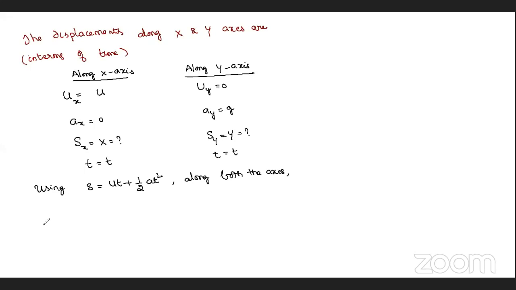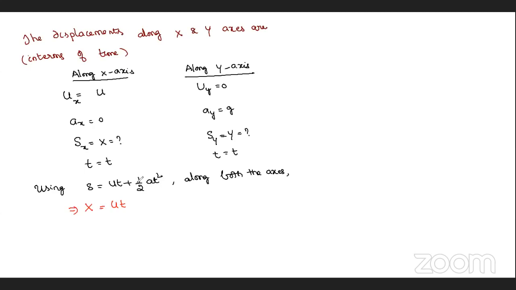Along x-axis. Correct. Y is correct. X. Not bad. Good. So along x-axis, if I substitute Sx, that is x, I will get u into t is t only, plus half a t square, and a is 0 along x-axis, so this part becomes 0.